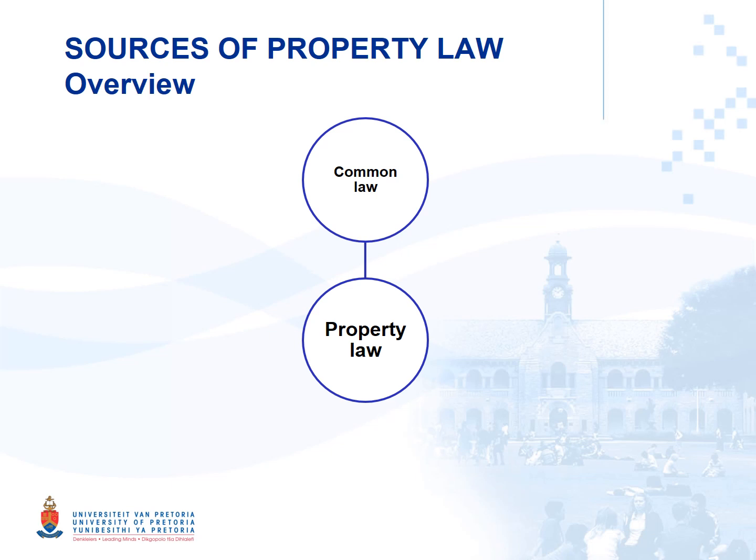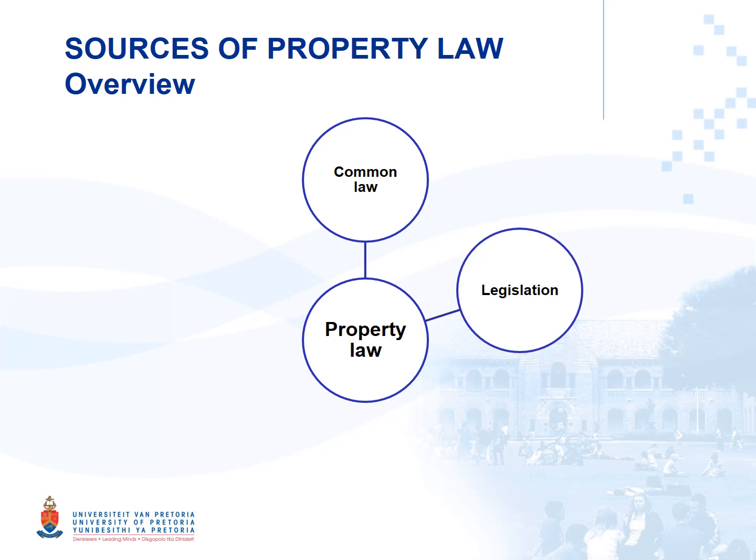This means the common law is the source of property law where we find the legal norms that regulate the day-to-day aspects of how one can deal with property, how one can protect one's rights over property, how one can dispose of property, and also when one's rights in property come to an end. So the place where we find these day-to-day legal norms of property law is definitely the common law. The second source of property law is legislation.